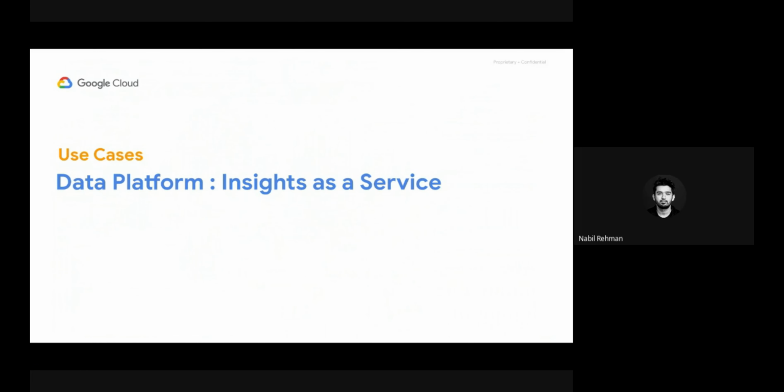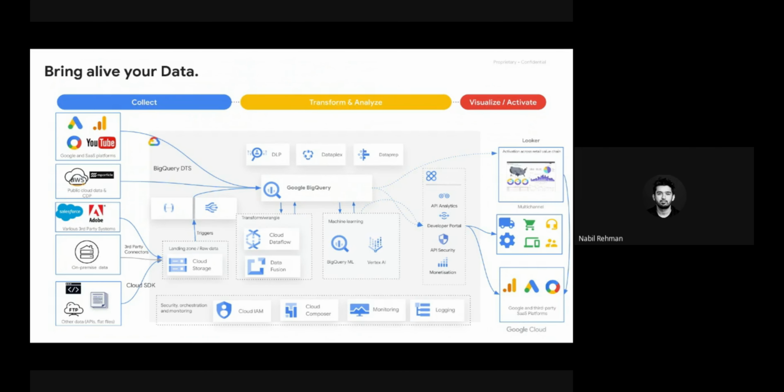Similar to these last two use cases is the data platform, which is also insights as a service. BigQuery is a platform where a lot of customers have put in their data and insights about that data as well. You may have to expose these insights either to people within your organization or maybe to your partners as well.